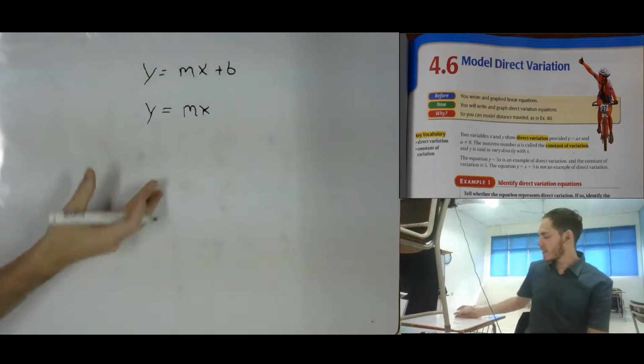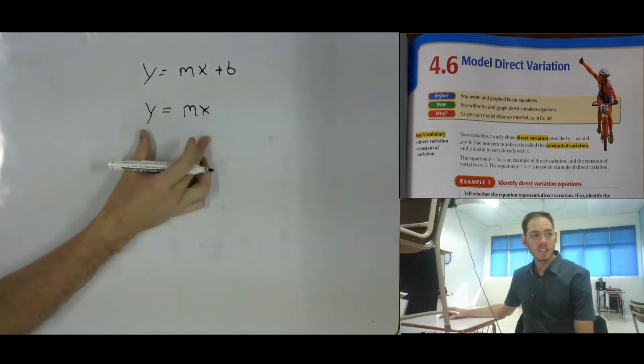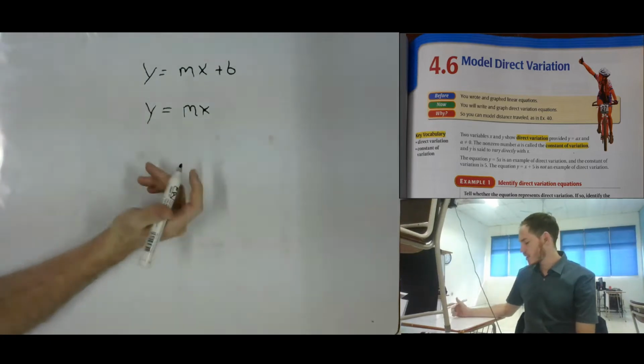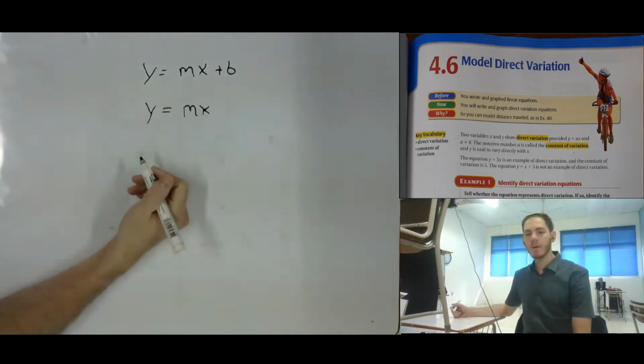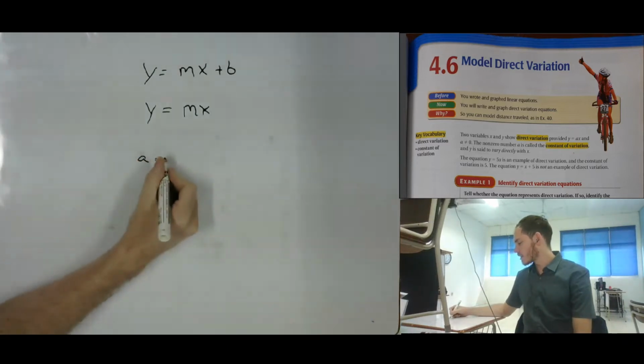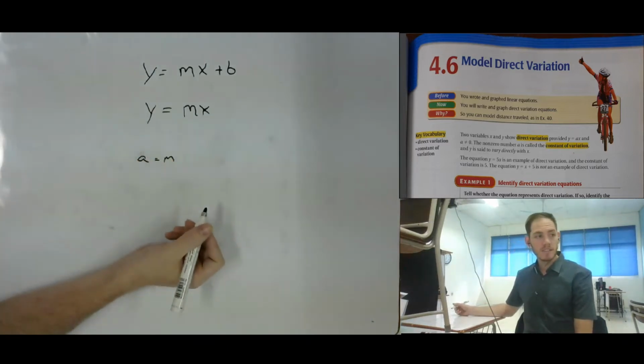So direct variation actually looks identical to this, but they use a different letter, okay? So the letter doesn't change anything. Just assume A and M are the same idea, okay? So A equals M, assume that, right?